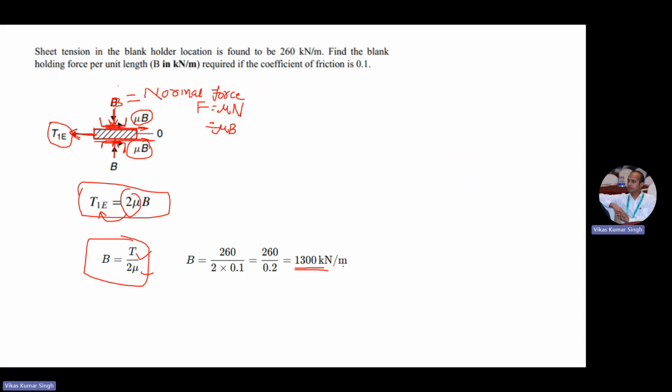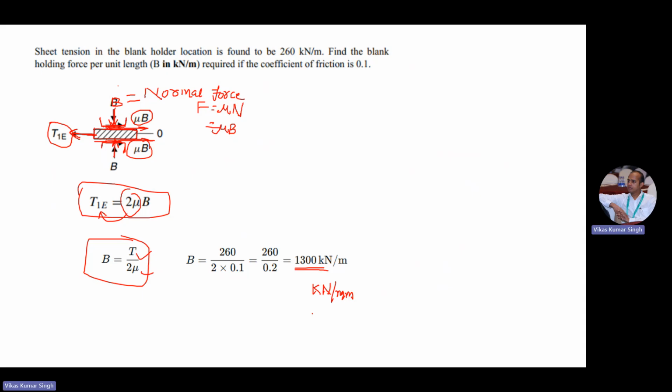Okay, we can convert it into kilonewton per mm also. We just have to divide by 1000, and it will come to 1.3 kilonewton per mm.